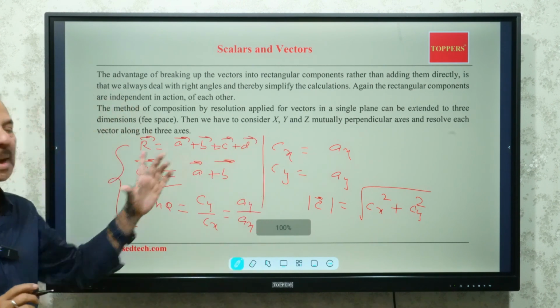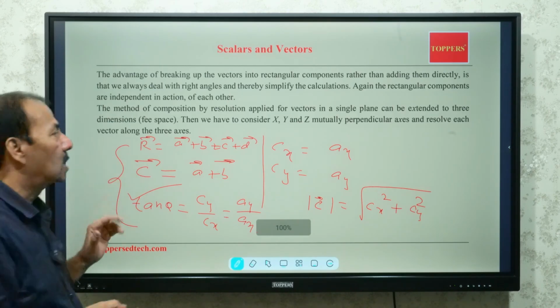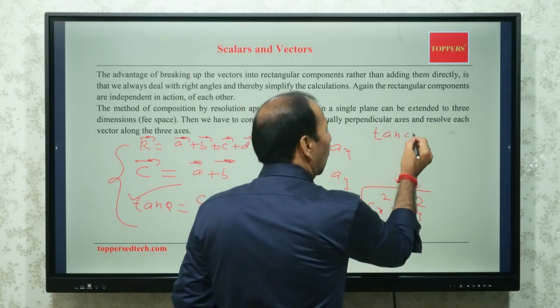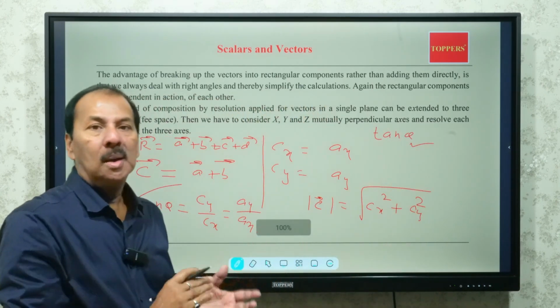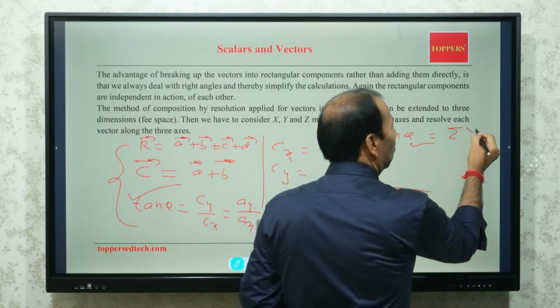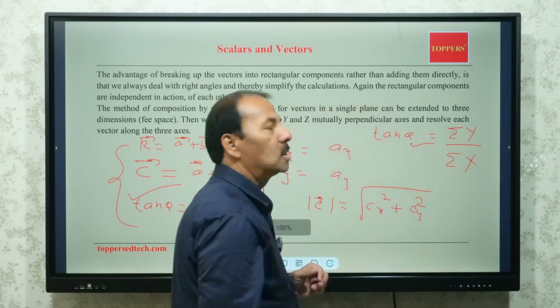So this is the vector addition. If the direction of the resultant vector R is theta, then tan theta will be equal to the summation of the y components of all the vectors divided by the summation of the x components of all the vectors.